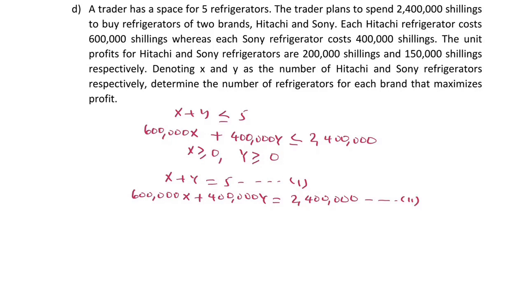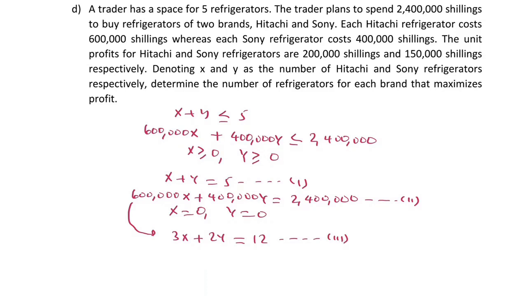Other boundary lines are X equals 0 and Y equals 0. Now let us simplify equation number 2. We have 3X plus 2Y equals 12, and this is going to be our equation number 3.